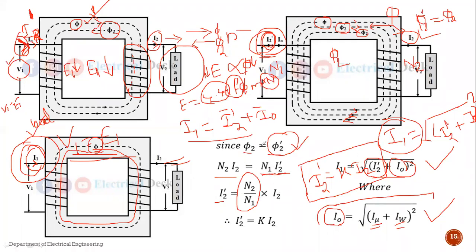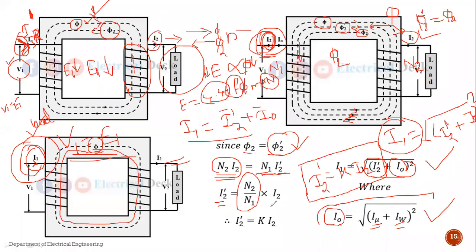So phi2 is equal to phi2 dash, they cancel out, being in opposite directions. The MMF set up due to phi2 is in which coil? In the secondary coil. So the secondary number of turns N2 and the current I2 flowing through it. This phi2 dash is set up due to the I2 dash current, which flows through the primary coil. So N1 number of turns and current I2 dash. According to this, we get the value of I2 dash, that is I2 dash is equal to N2 divided by N1 into I2.